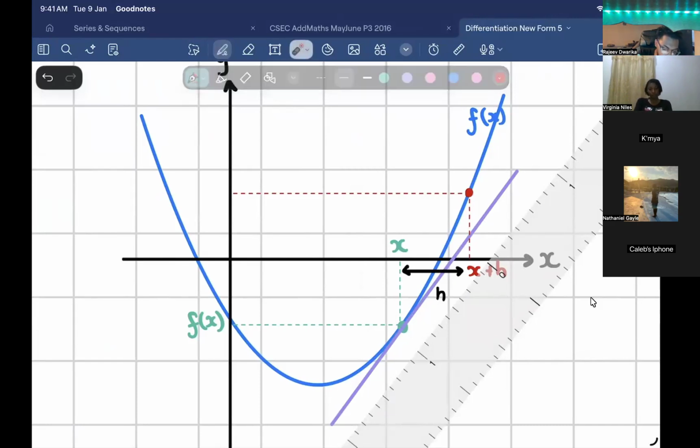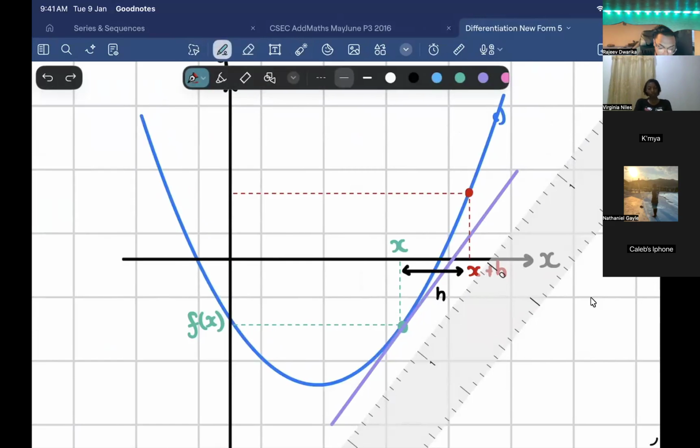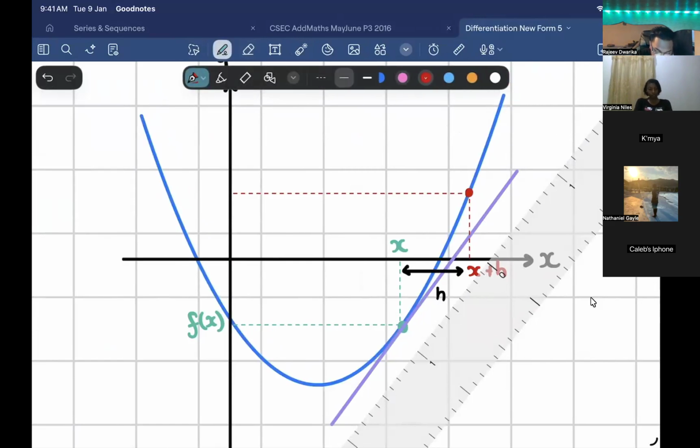Remember the function was f of x, right? When you're trying to figure out the y value, whatever you have for x, you plug it into the function. So what do we have for x this time? x plus h. So I'm going to plug that into the function.